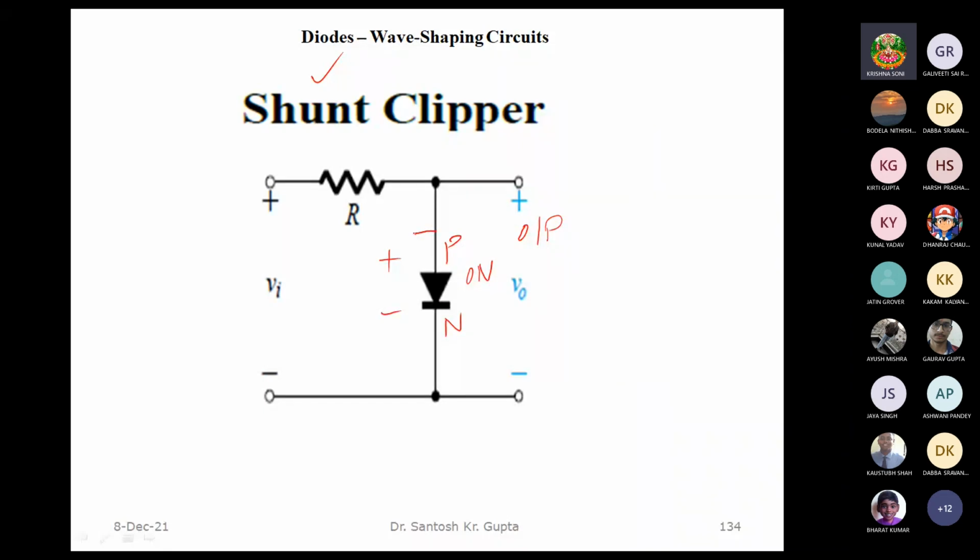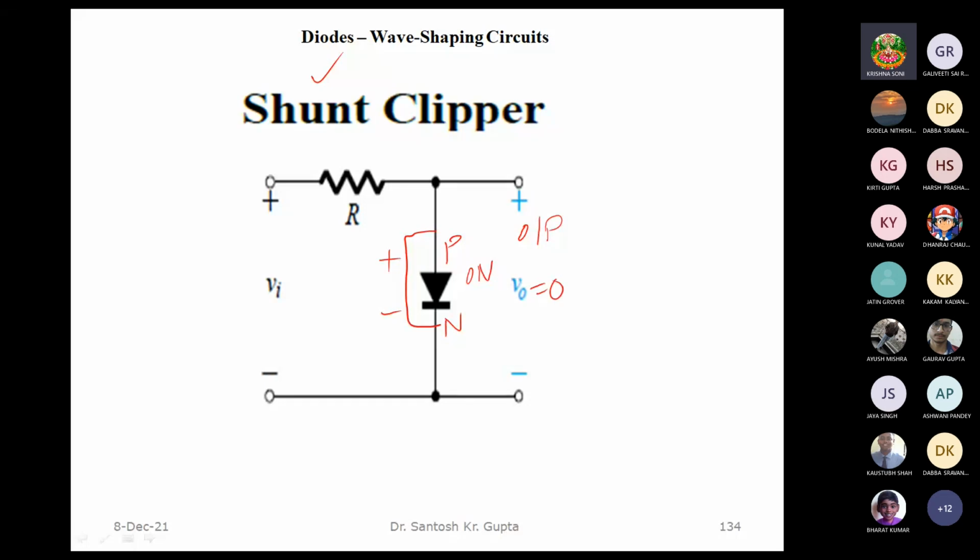If we replace this by a short circuit, then the output is shorted, which means there will be no output voltage. The output voltage will become 0.